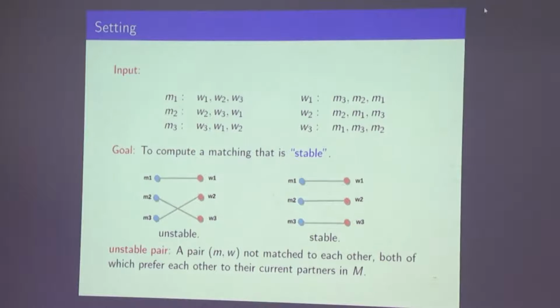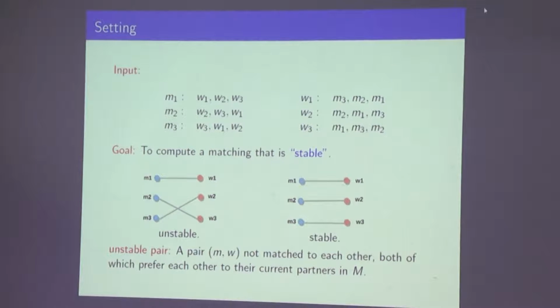But given an instance and a matching, you will say that some pair is unstable if they are not matched to each other and they both prefer each other to their current partners. If you can show this even for one unassigned pair in the matching, you will say that the matching is unstable. And our goal is that given these preferences, give me a matching that is stable for this instance.